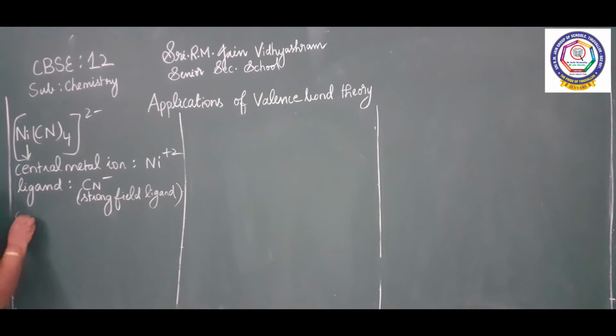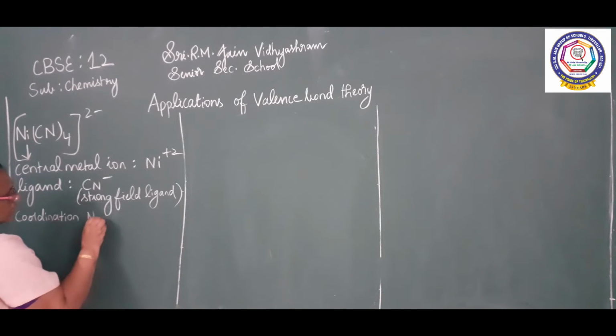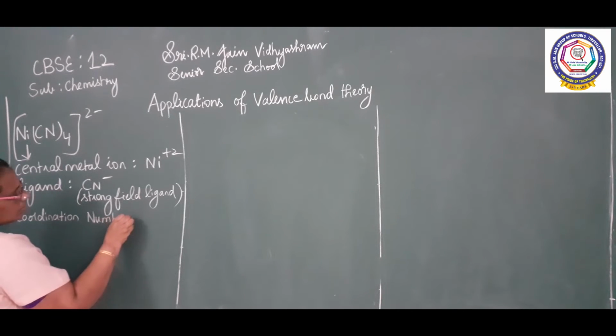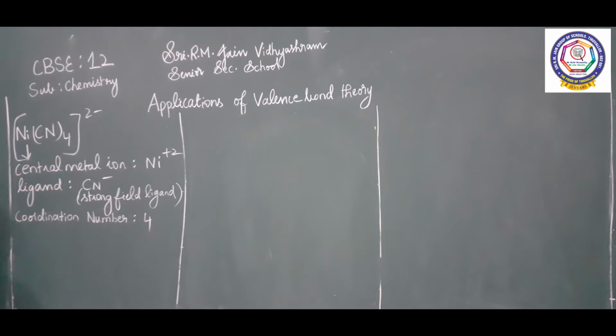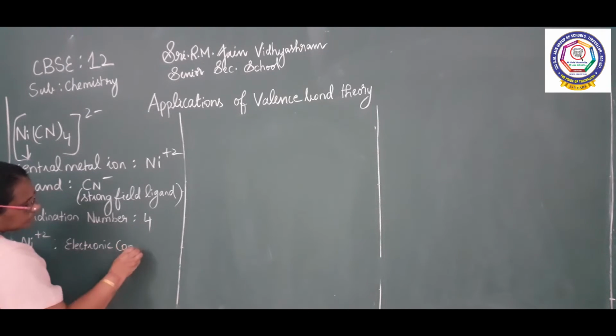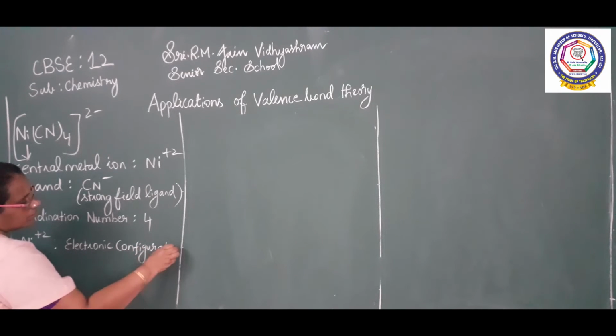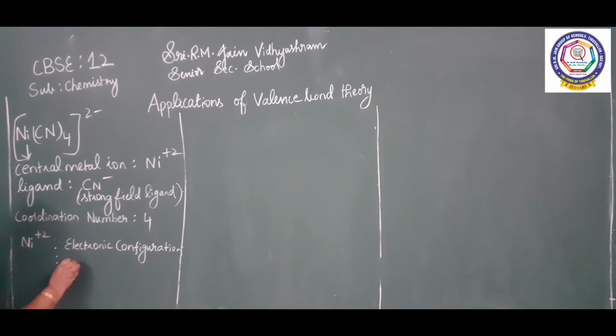What is the coordination number? 4. Coordination number 4. We are going to write the Ni2+ electronic configuration. What is that? It is 3d8.